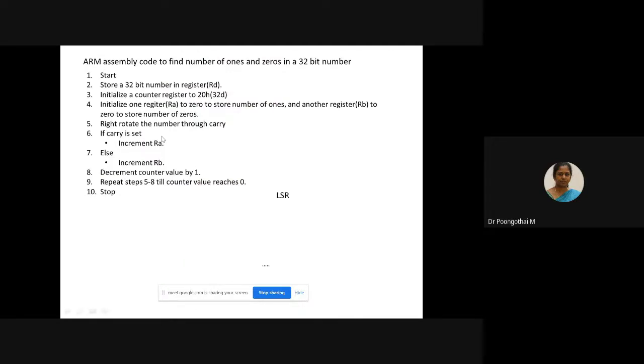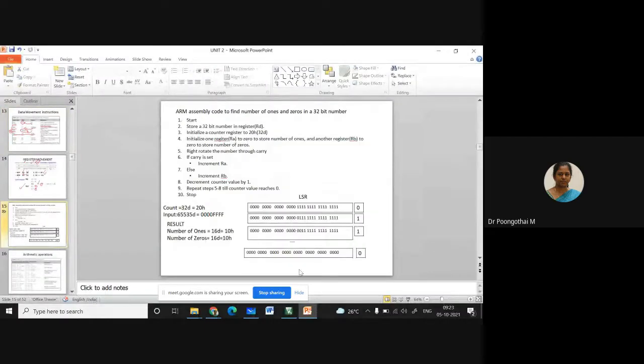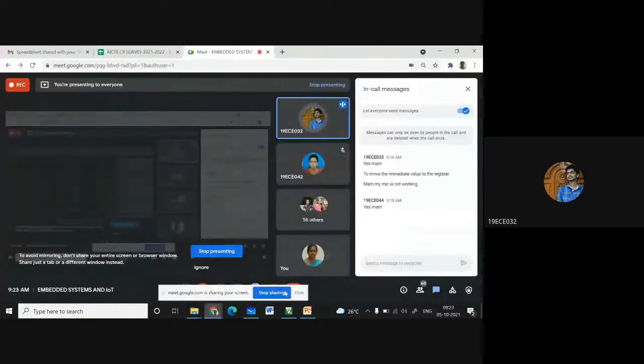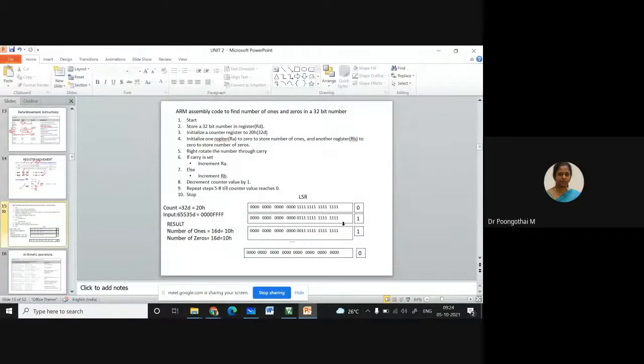So can anyone explain this one? Assembly code to find the number of ones and zeros in a 32-bit number. Can anyone complete it? Has anyone completed? Yes, ma'am. Nice. Can you explain this? Ma'am, first we store the 32-bit number into a register.